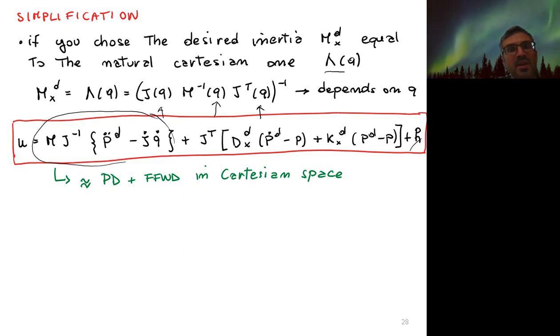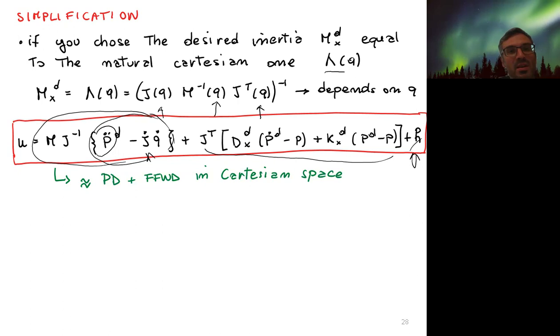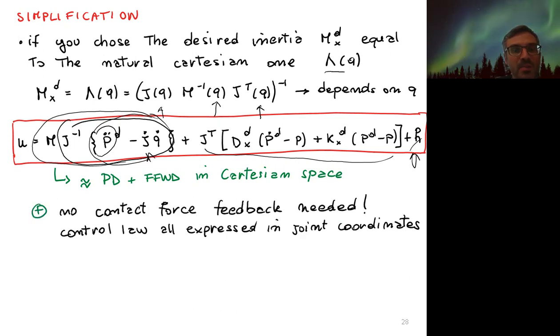So this is a hybrid thing with some Cartesian space PD plus some compensation of Coriolis and gravity, and a feed-forward term, which is the vector acceleration mapped at the joint level. This is q dot dot, and you multiply by inertia. So remember the feed-forward term that we introduced in the PD control, joint control class.